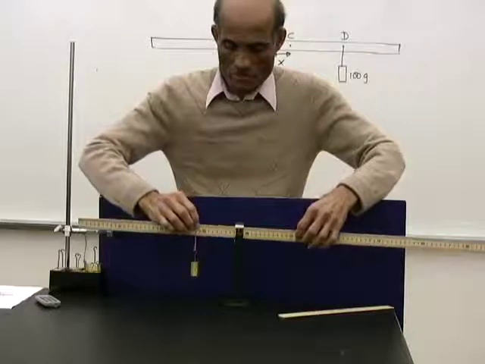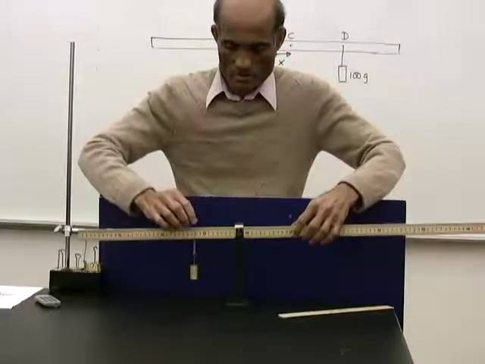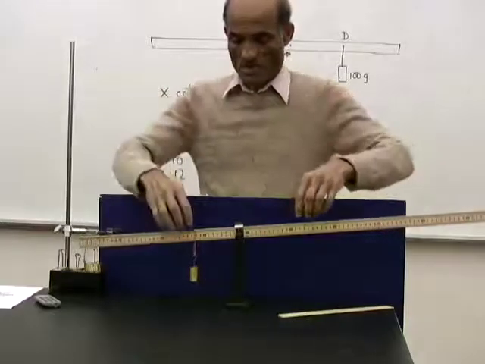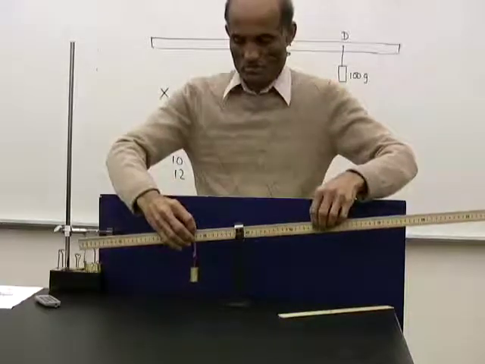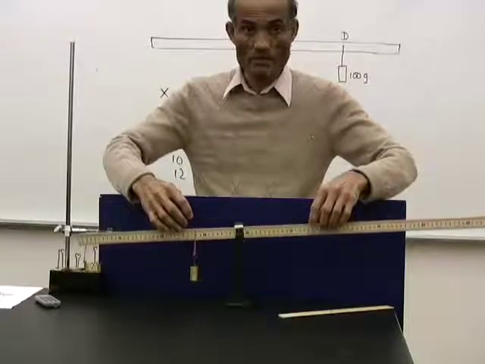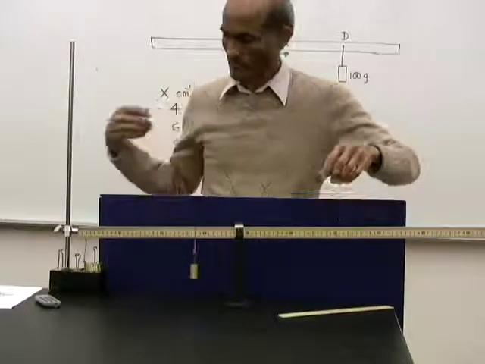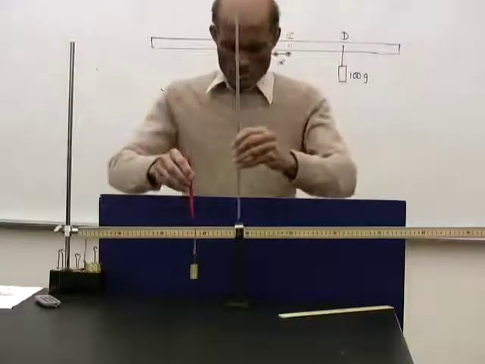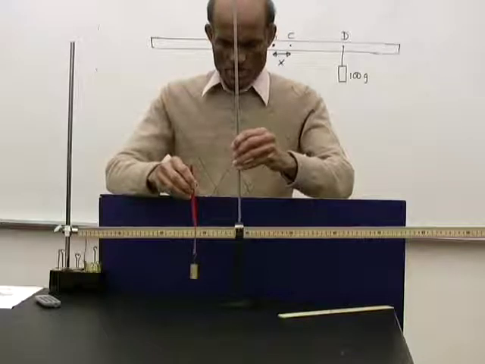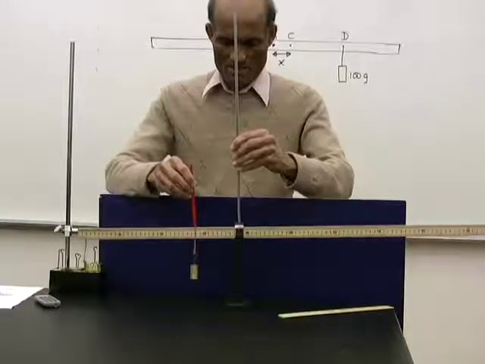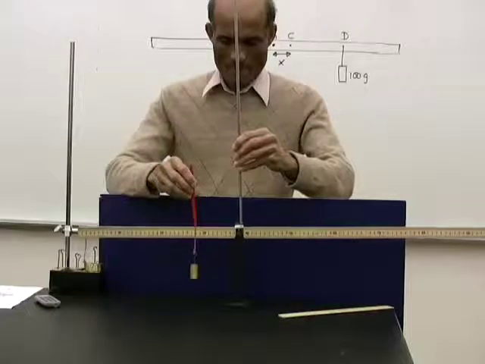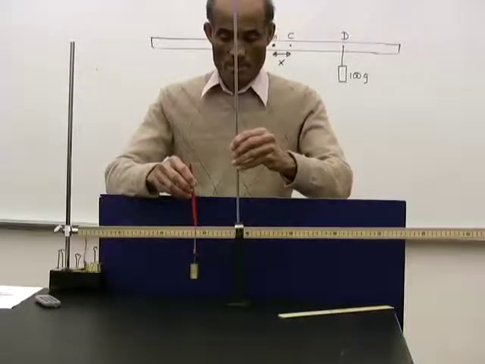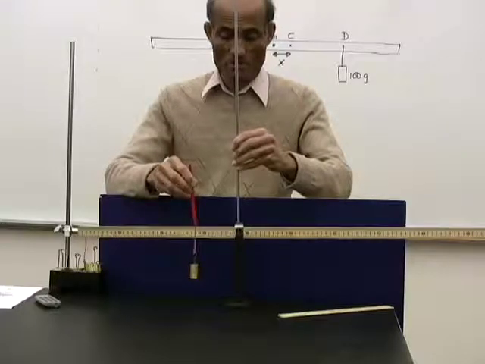We got a balance, very close. Measure the new D. Let me point that out for you. Measure this distance, that is your new D. Measure that and multiply it by the conversion factor.